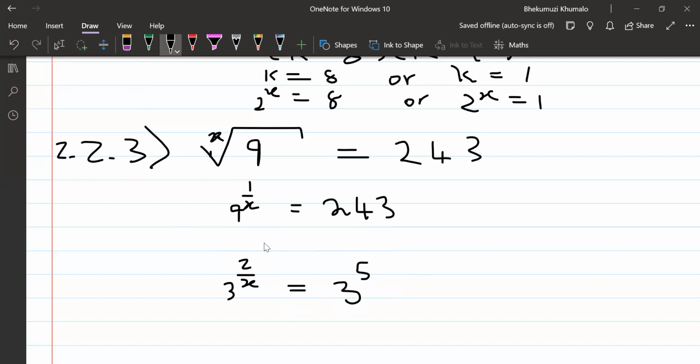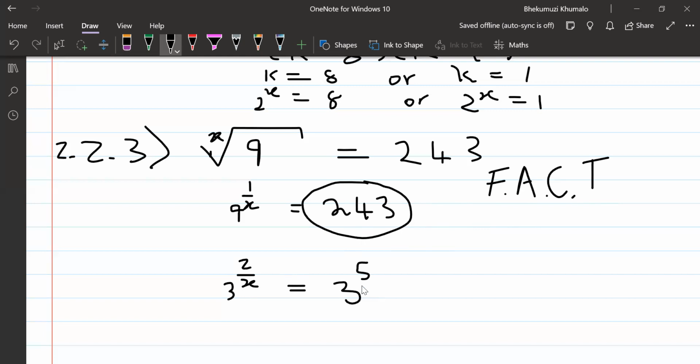Now, if for instance you don't know what 243 would be, what you could do is on your calculator, press in 243, press equals, and then press shift and use the fact function.